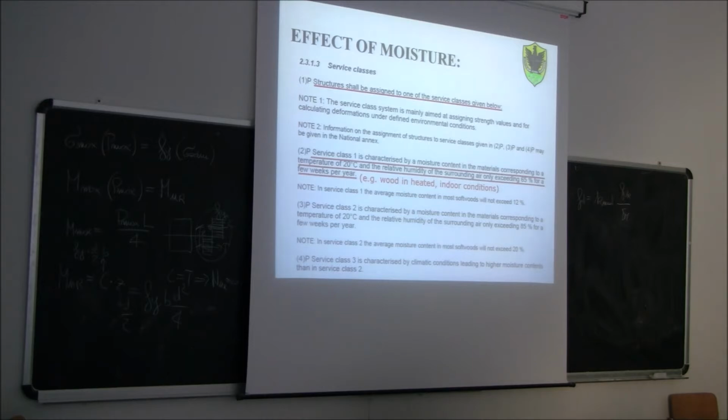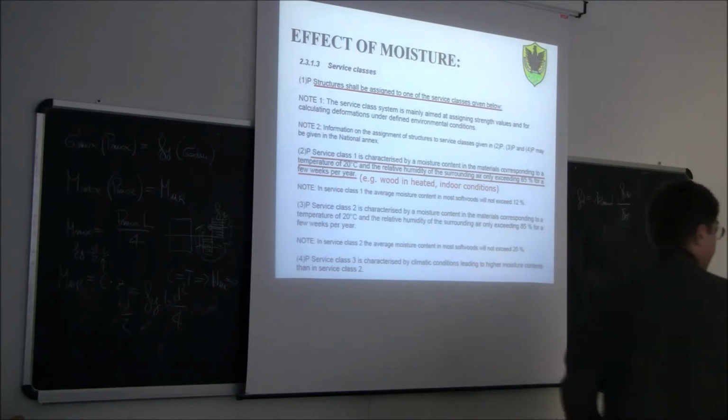So service class 1 is in general characterized by fairly low moisture content, because the temperature is 20 degrees, but the most important influencing parameter, the relative humidity, only exceeds 65%, a medium-low value, for a few weeks per year.